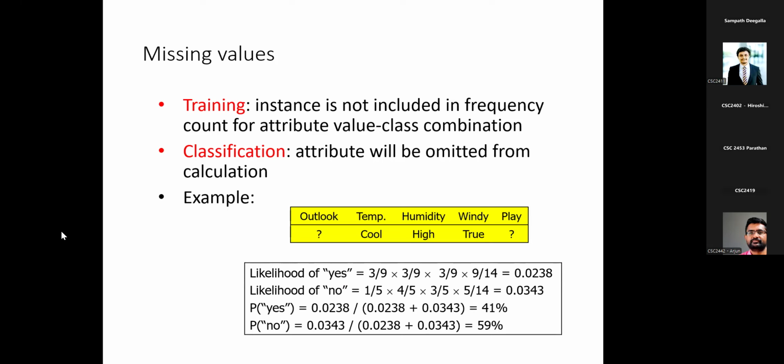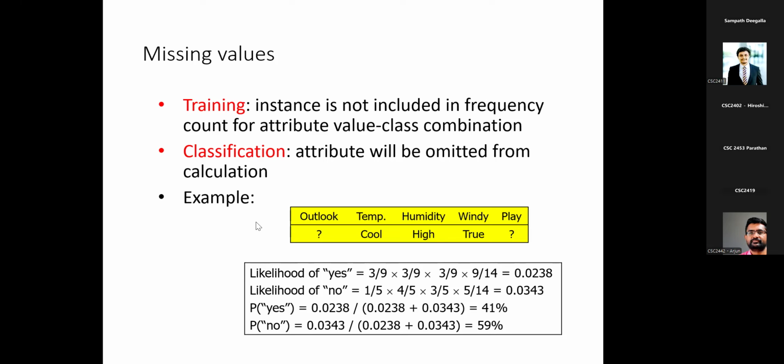Still you can calculate the likelihood value. You get the likelihood values from the previous one, normalize them, and then you get probability values. So I think we have now discussed how to work with the problems that you encounter, the zero frequency problem and the missing values.